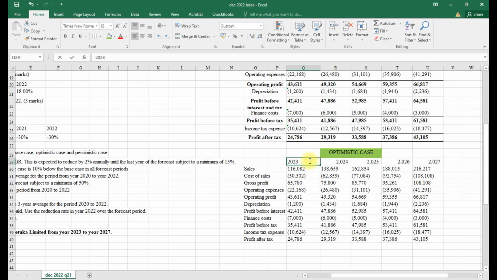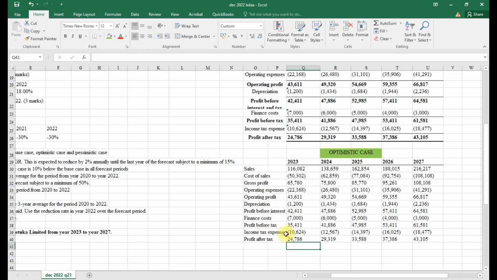Let me edit individual. So this is 2023. Okay, so this one we just need it to be a number with 0 decimal place. I will bold this and use the bottom border.